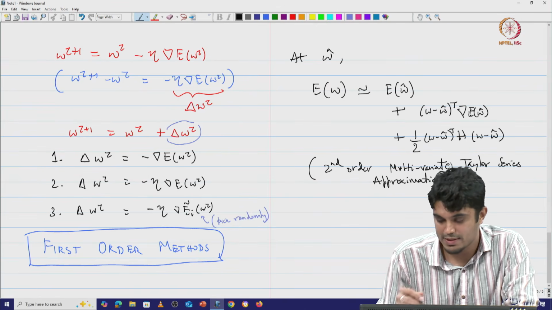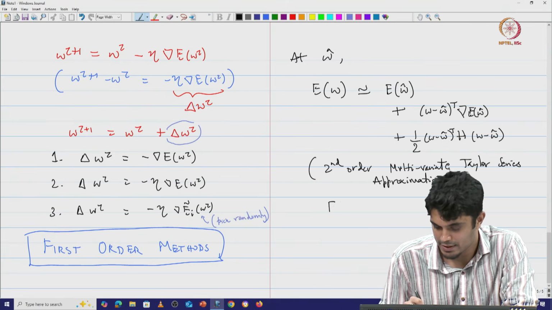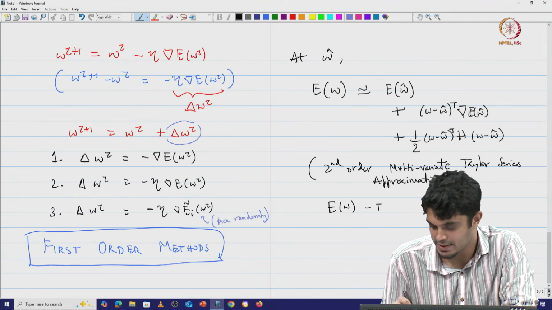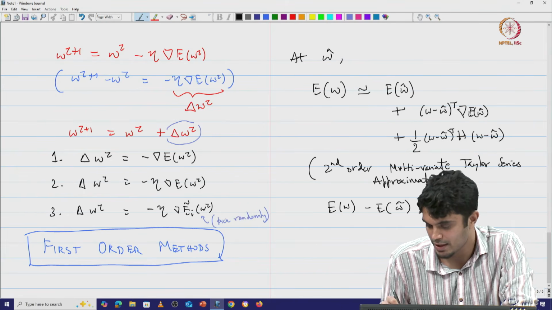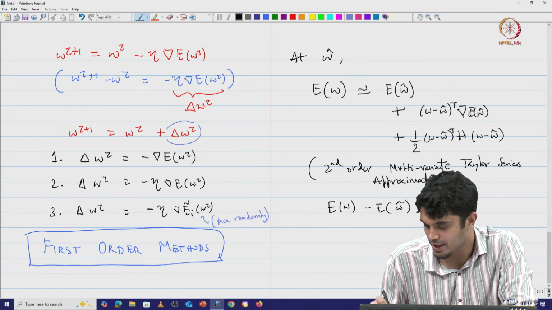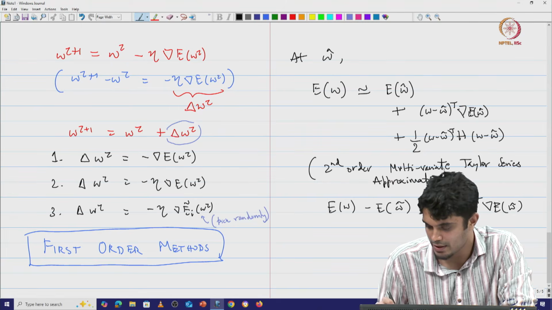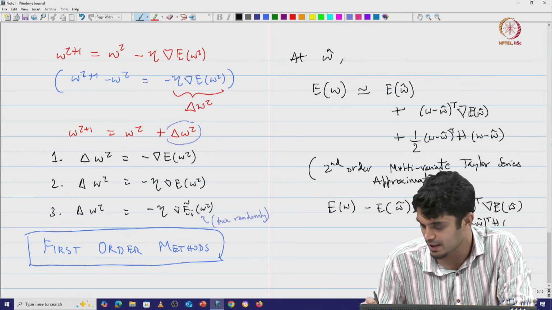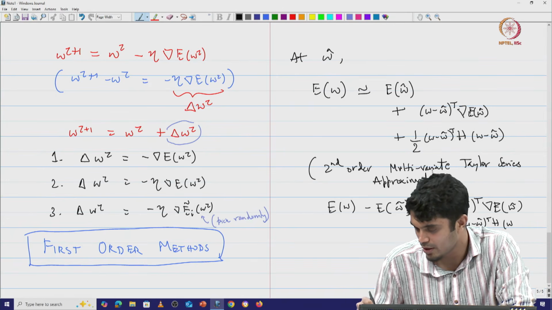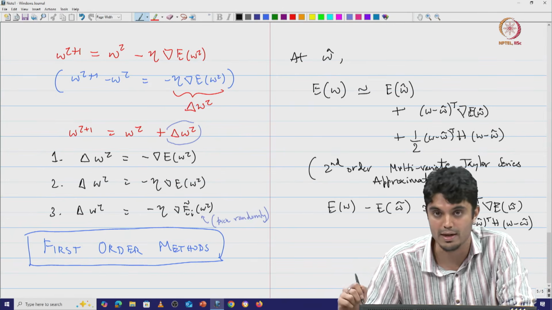Now, let us look at this slightly differently. E of omega minus E of omega hat is approximately omega minus omega hat transpose nabla E of omega hat plus half of omega minus omega hat transpose Hessian operated on omega minus omega hat.